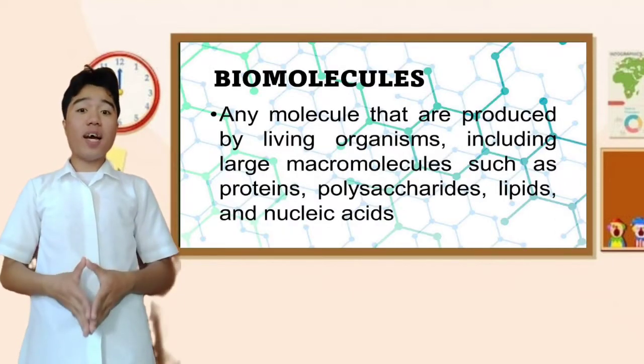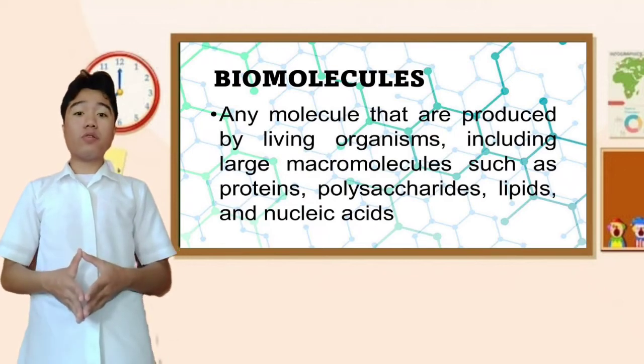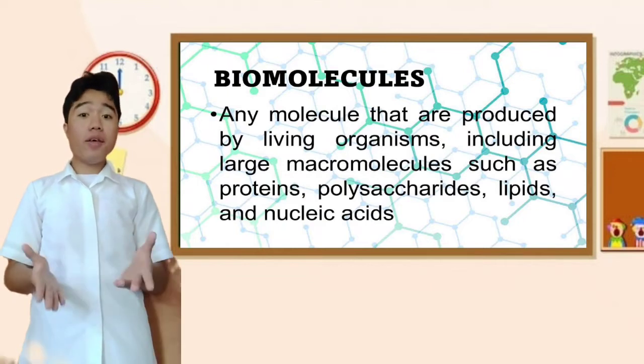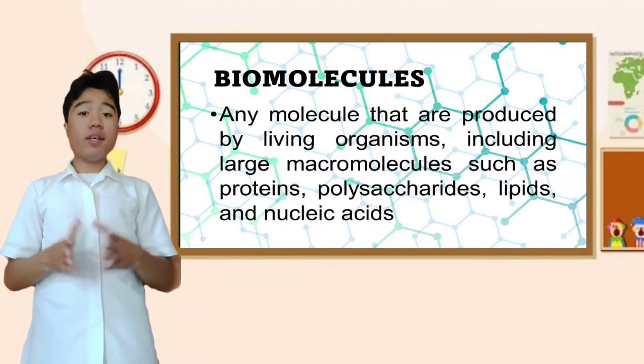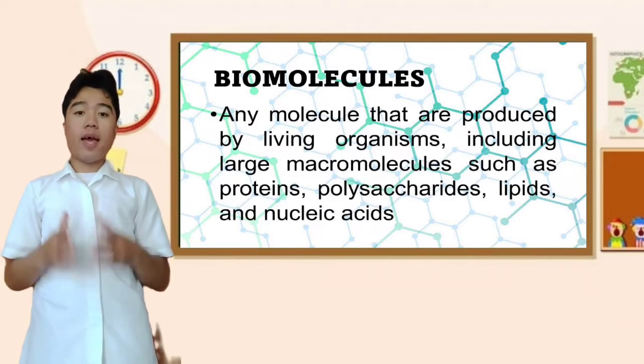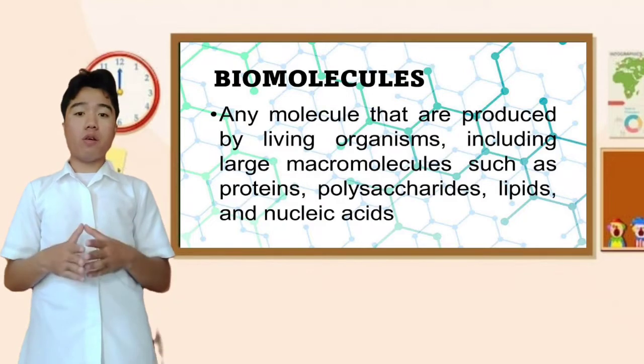Now, let's define what biomolecules are. Biomolecule is derived from two words, bio and molecule. Bio means life, and a molecule is a combination of two or more atoms. Therefore, in this lesson, we will talk about the molecules of life.